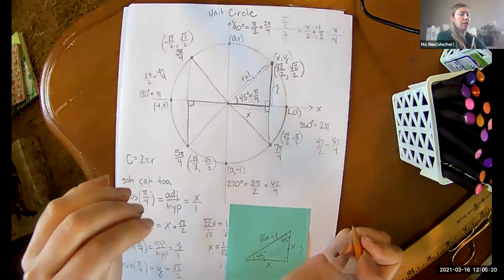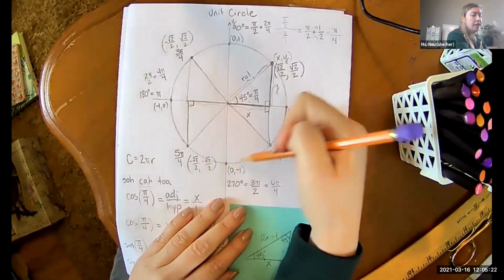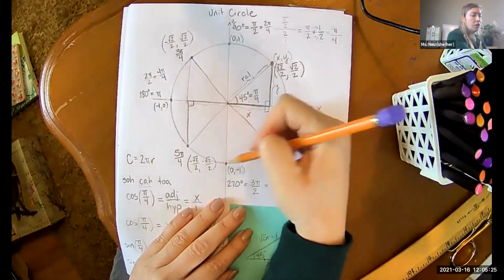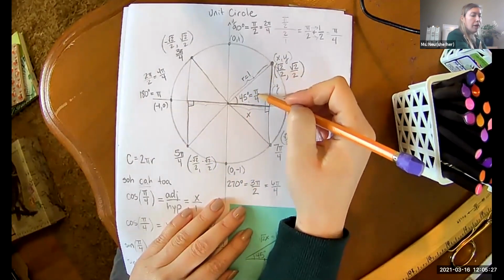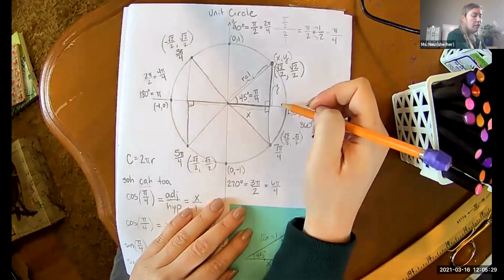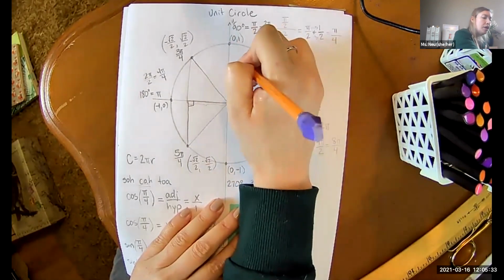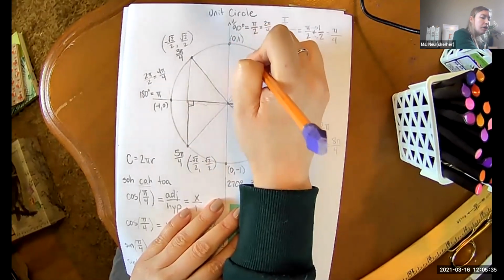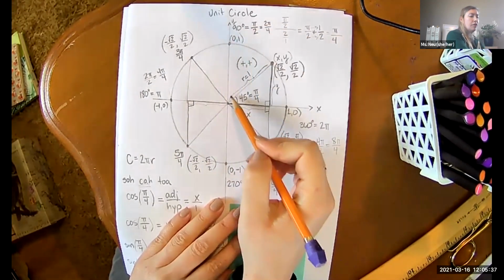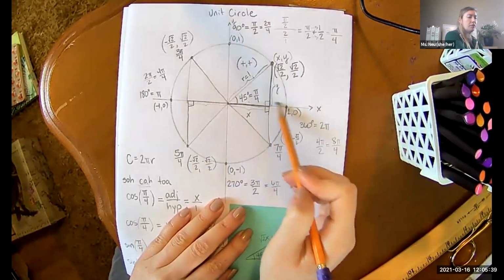So for all of these, for any degree that you want to look at, or any amount of radians that you want to look at around this unit circle, your coordinates should always be positive and positive in the first quadrant, right?